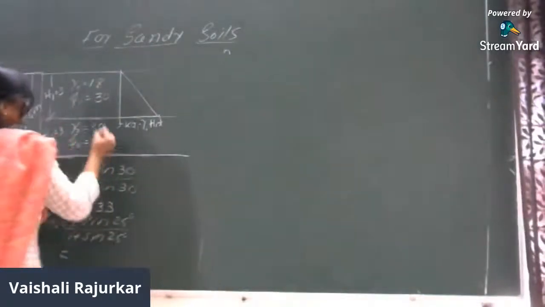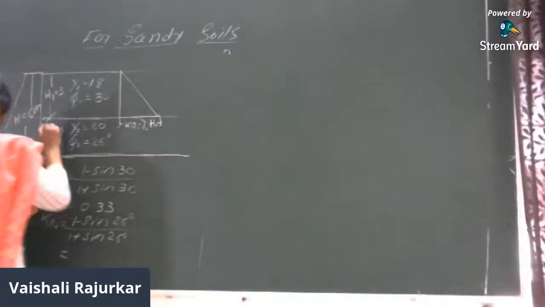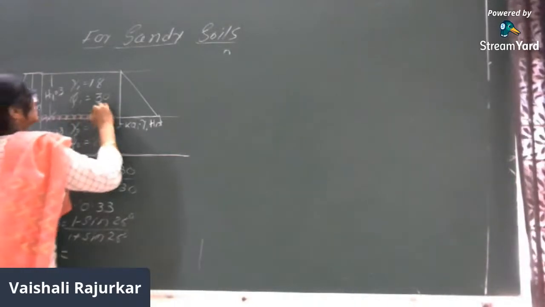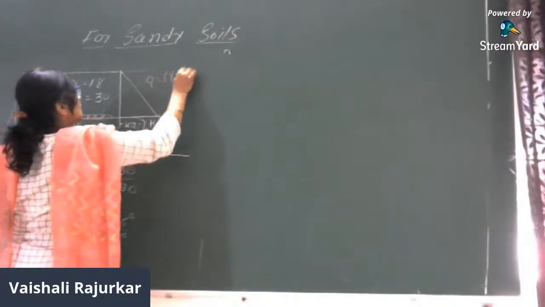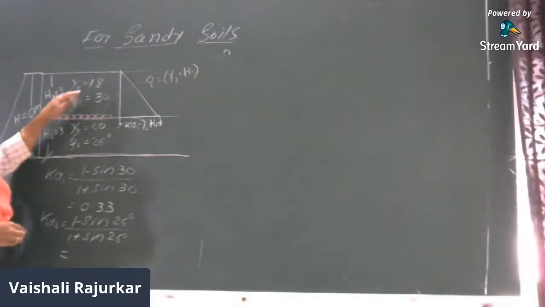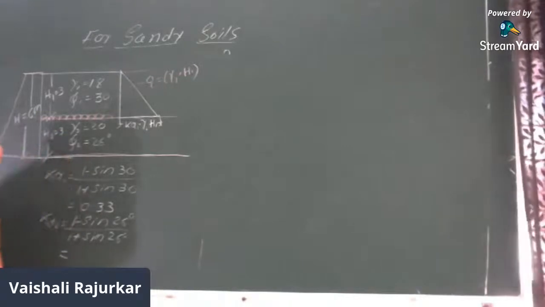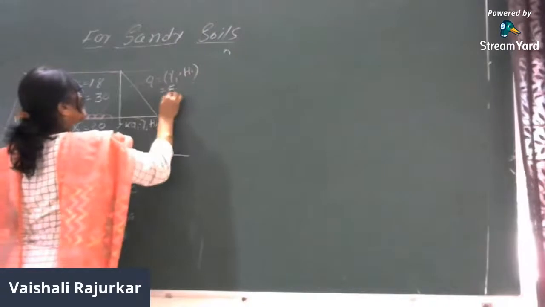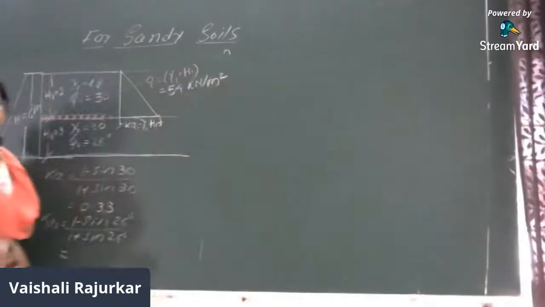So this will be Q, which is gamma 1 into H1. Gamma is 18, so it will be 54 kilonewton per meter square, acting as a surcharge.